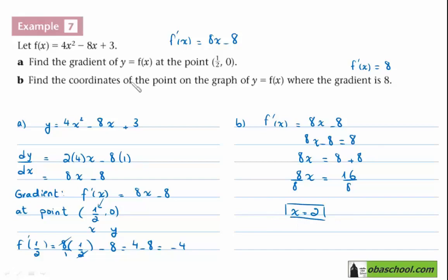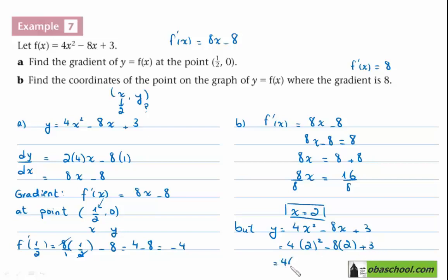Now we found the x coordinate. We are asked to find x and y. To find y, we have to substitute in the original equation of y, that is y equal to 4x squared minus 8x plus 3. Substituting 2, we get 4 multiplied by 2 squared minus 8 multiplied by 2 plus 3.